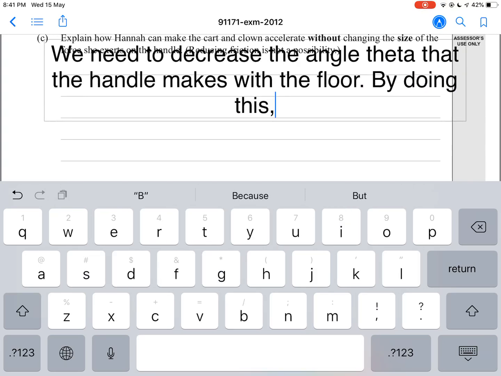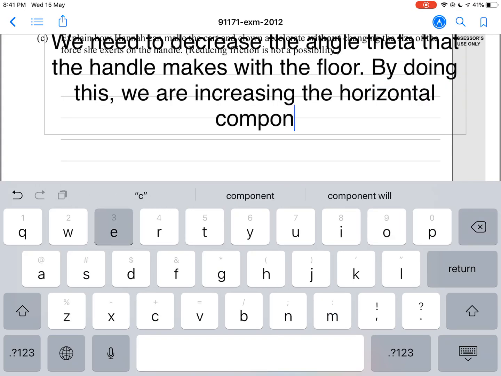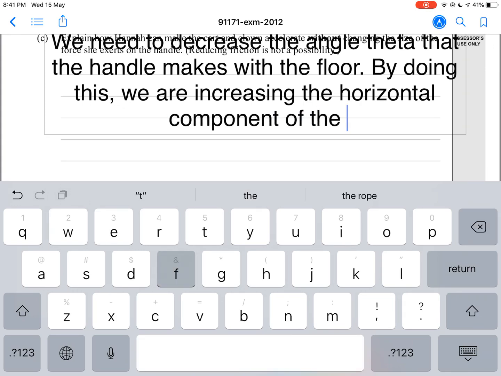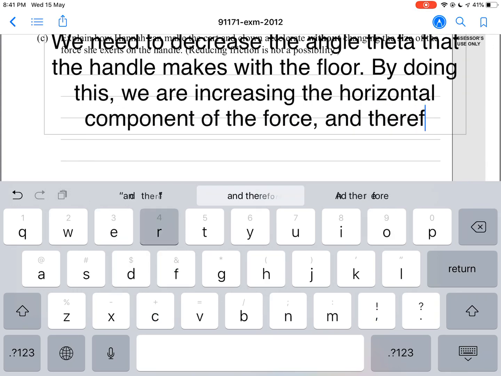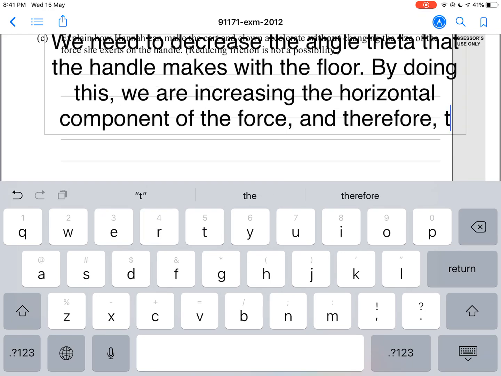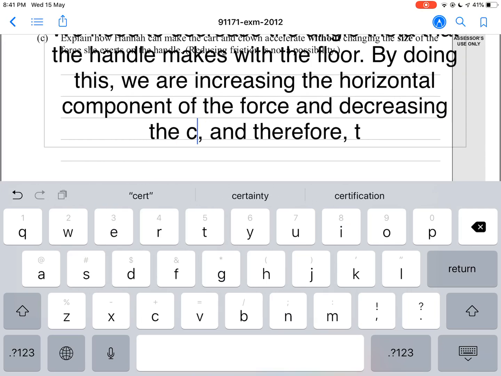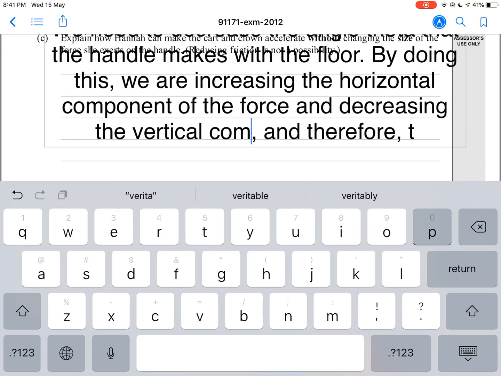By doing this, we are increasing the horizontal component of the force, and therefore decreasing the vertical component.